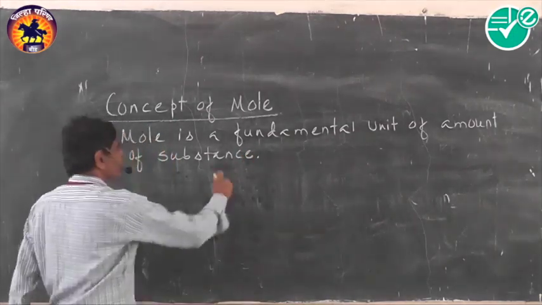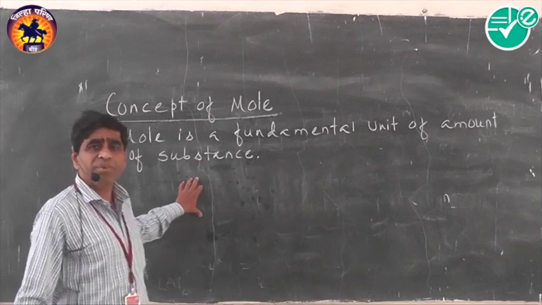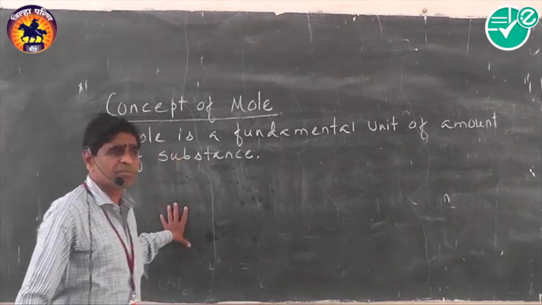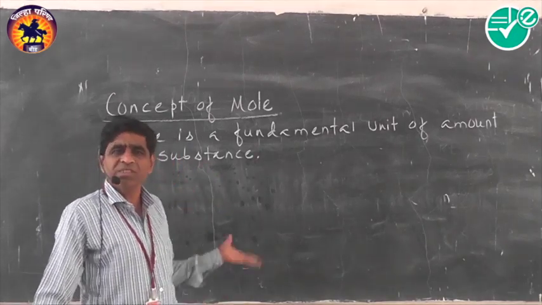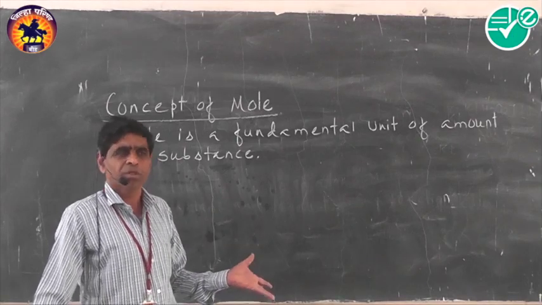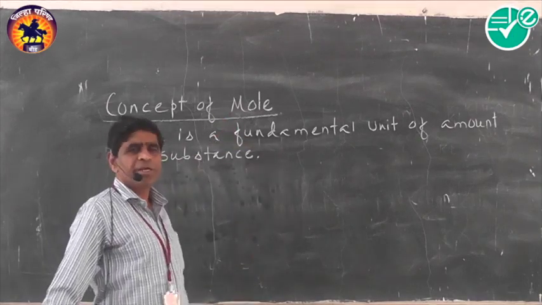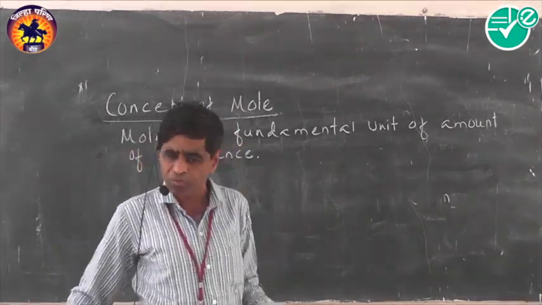But now, no doubt it is the fundamental unit of amount of substance, but what is actually 1 mole of a substance? So this mole concept can be described in 4 ways.